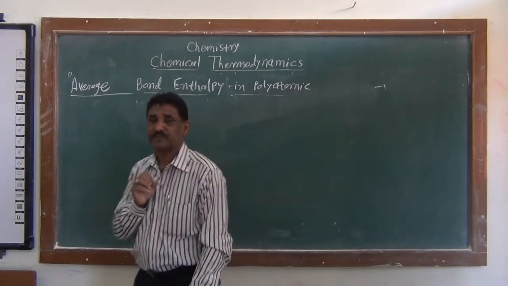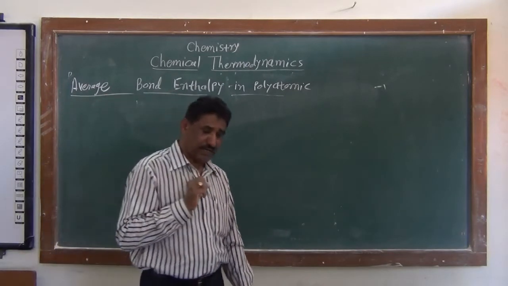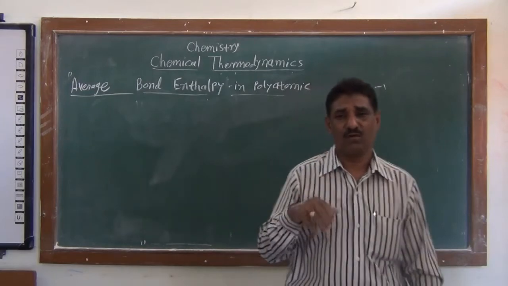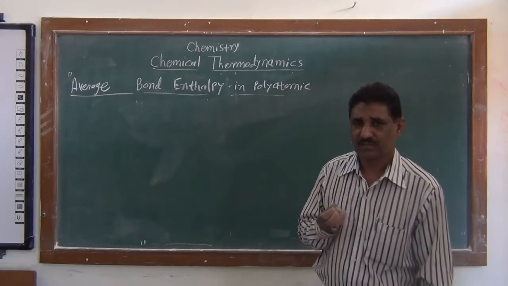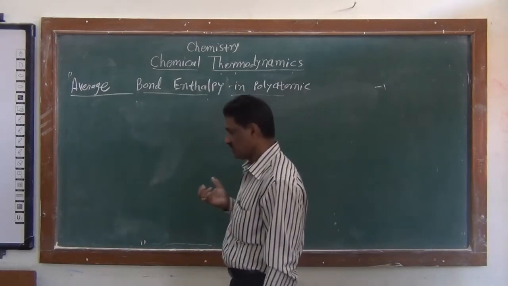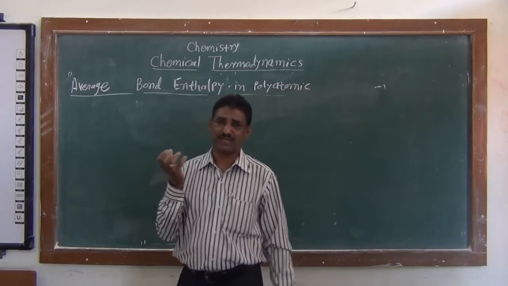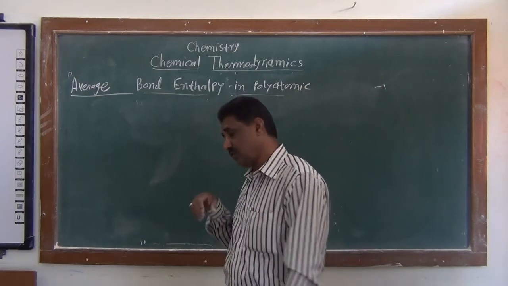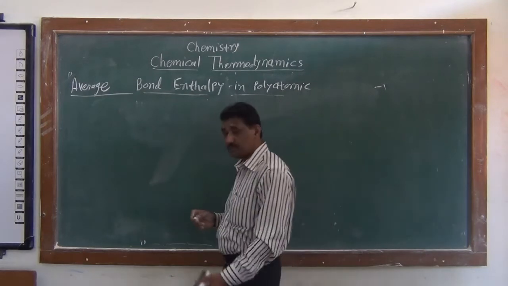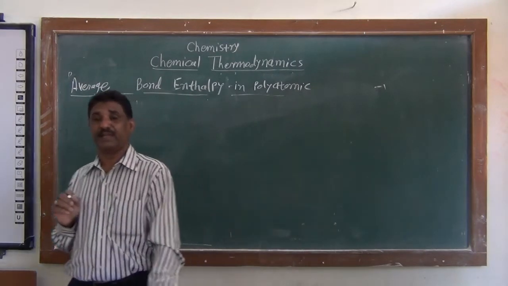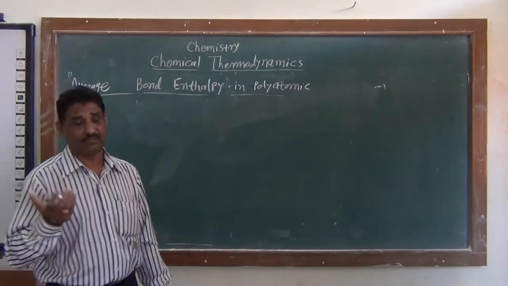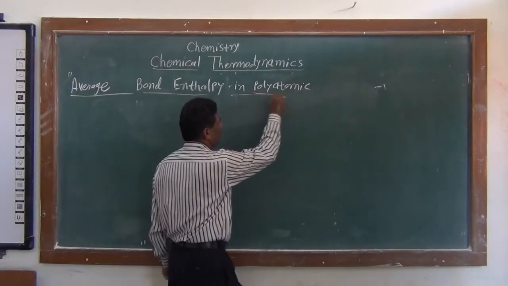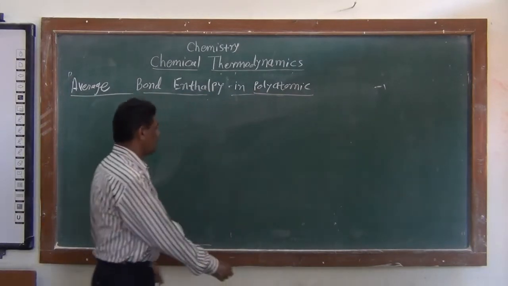Here it means the molecule containing 2 or more atoms. When 2 or more atoms are combined together and form a substance, that is called a molecule. The molecule containing more than 2 atoms is called a polyatomic molecule.